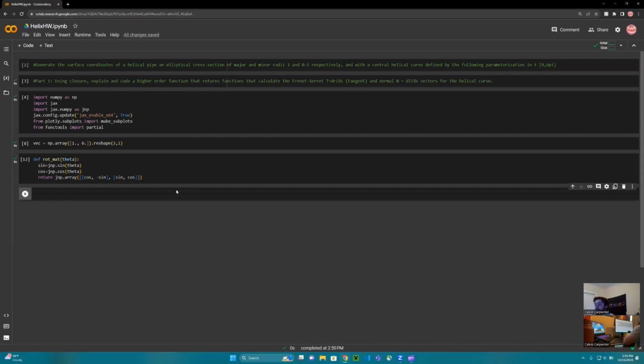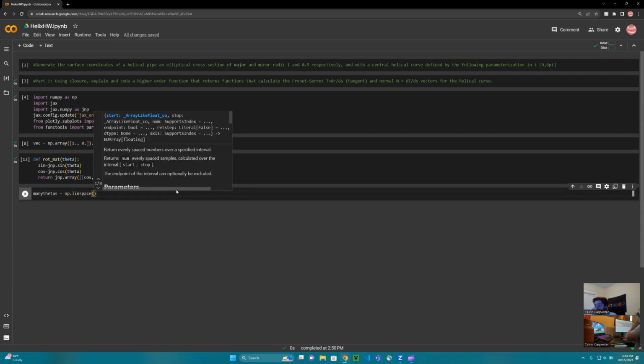All right, now that we have our definition for our rotation matrix function in terms of theta, we can basically create many thetas from np.linspace on the full circle.